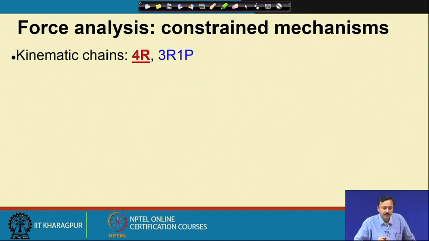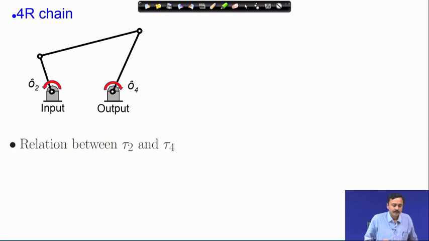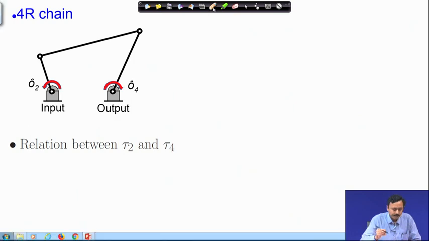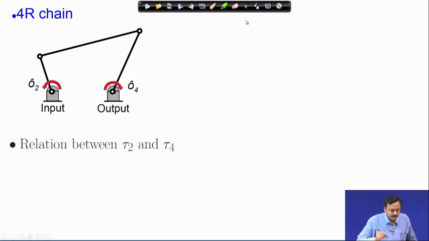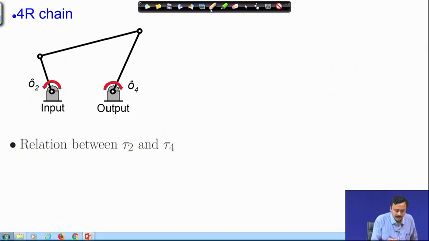So, here I am going to first discuss the 4R chain. So, this shows the 4R chain. I have shown the input torque. So, I have a torque T2 at the input and torque T4 at the output.